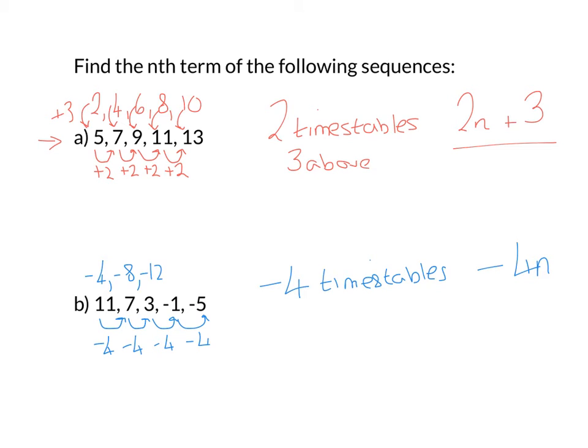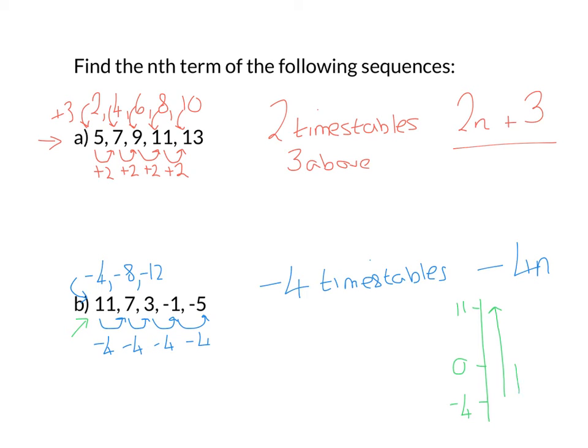So what's happening each time? How do I get from negative 4 times tables to 11? Well, for this I'm just going to do a little number line, and imagine that we've got 0 here, and here's negative 4, and where this sequence has started at 11. So how much above negative 4 is 11?